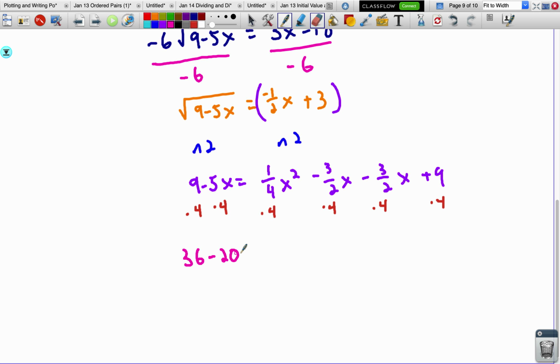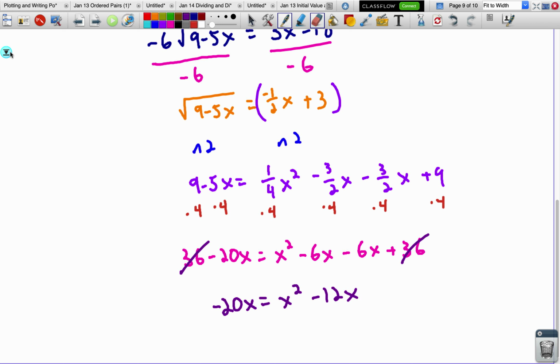36 minus 20x equals x squared. This becomes 12 over 2, so minus 6x minus 6x plus 36. Those 36's can cancel from both sides. Get now negative 20x equals x squared minus 12x.